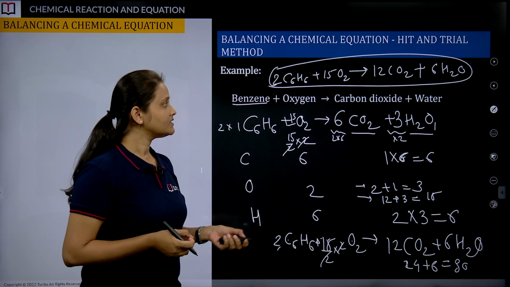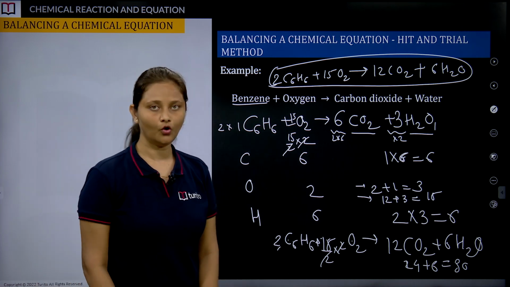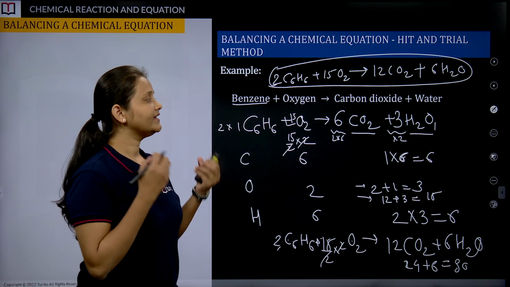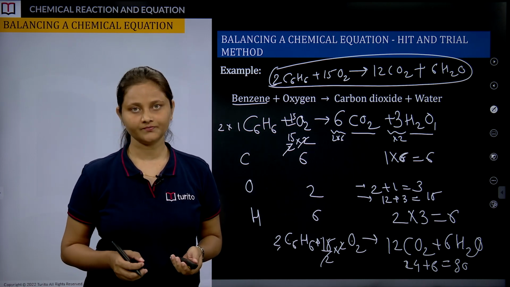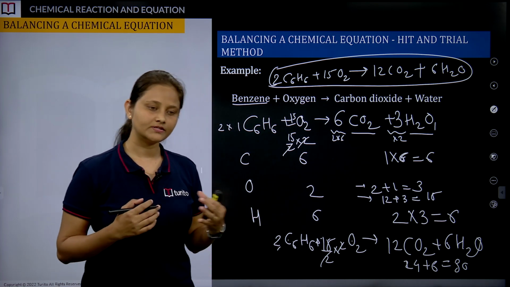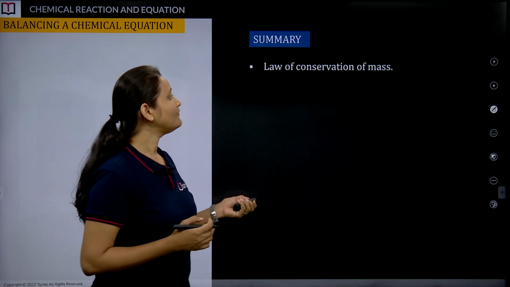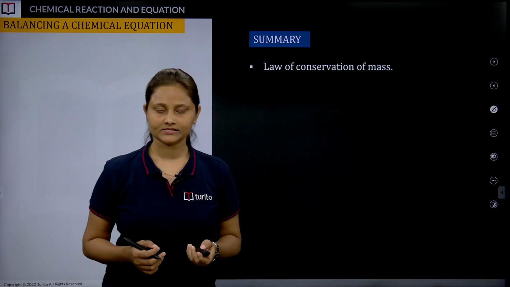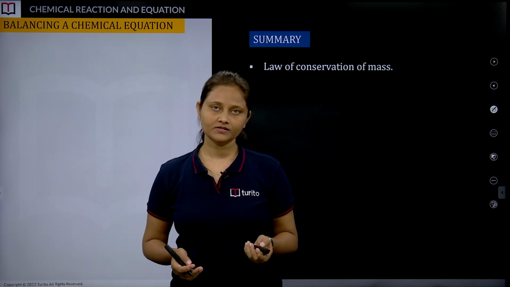Yeah. That's all students. Actually these were some examples I kept for you all so that you all will get familiar with the balancing of chemical reaction, okay, with the help of hit and trial method. So I'll just summarize whatever we have learned. We have learned about law of conservation of mass. We have seen many chemical changes which are happening in our surroundings, okay.